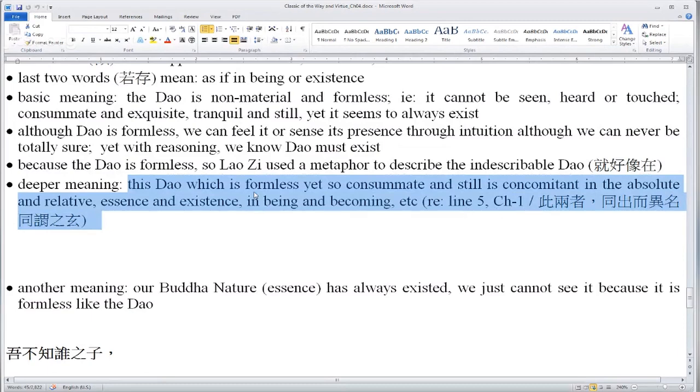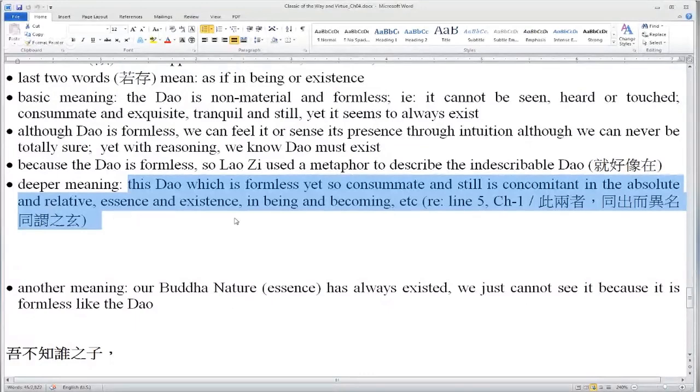It's so consummate, so complete, so total, so perfect, but because it is simultaneously in the absolute state, yet it can manifest in the relative realm, or relative dimensions.